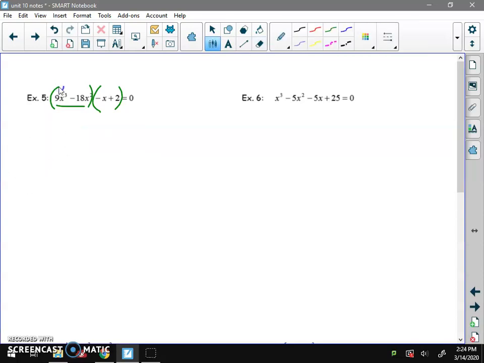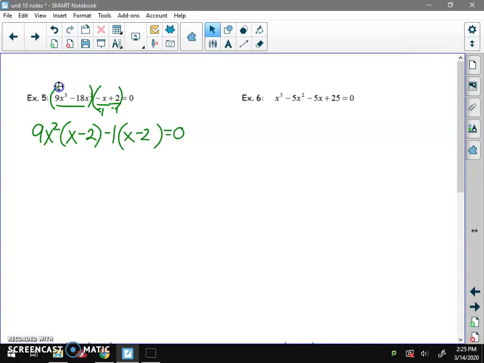When I factor out the GCF, I have 9x squared. Inside, I'm left with just x minus 2. Sorry about that. In the second group, there's not a GCF, but because this starts with a negative, I have to take out a negative 1. And so when I divide those terms by negative 1 to find out what's left, I should end up with x minus 2 equals 0.